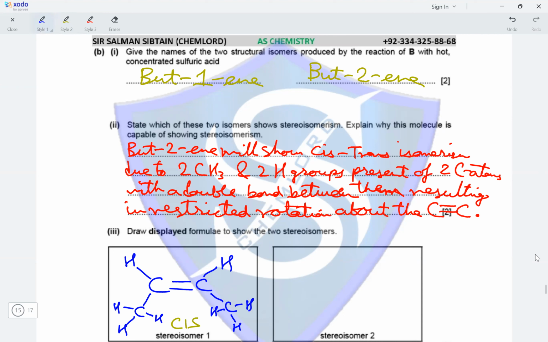And as for the trans isomer, we would have the carbon-carbon double bond with the CH3 groups present pointing towards the opposite sides of the double bond. And in a similar manner, we would have hydrogen atoms pointing towards the opposite side of the double bond. And this is what is known as a trans isomer.